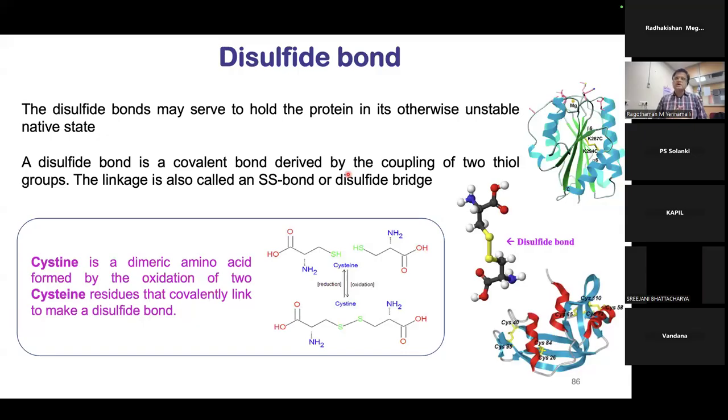There are two amino acids that have a sulfur atom: one is cysteine, the other one is methionine. Methionine doesn't form a disulfide bond because that sulfur is not available for bonding at all. It's only cysteine that can form a disulfide bond. Disulfide bonds are extremely strong bonds. These bonds cannot be broken very easily. You need a reducing agent that can break them down.